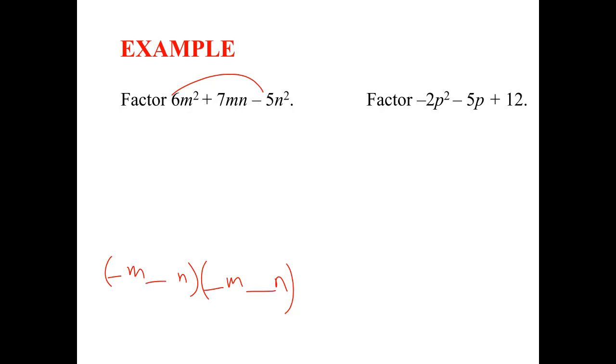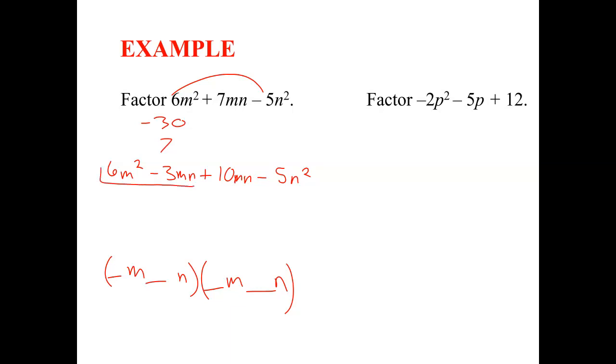And I'm looking again for a product of negative 30 with a sum of 7. 10. Okay, so let's do it: 6m squared minus 3mn plus 10mn minus 5n squared. So 7mn became negative 3 and 10.